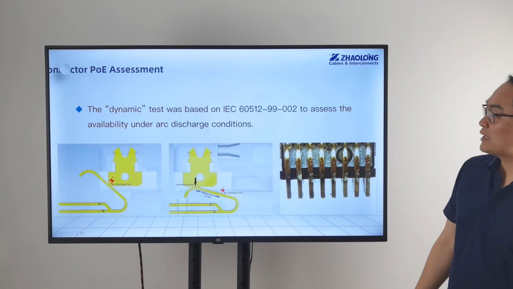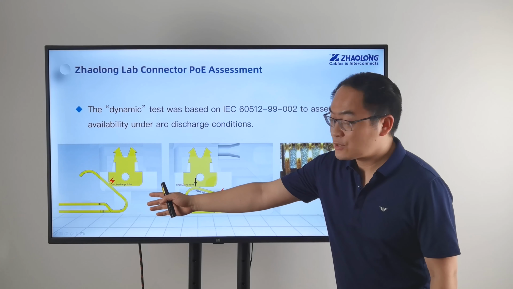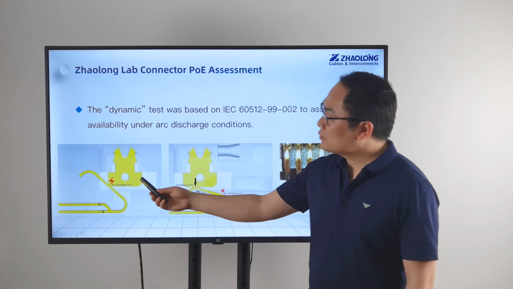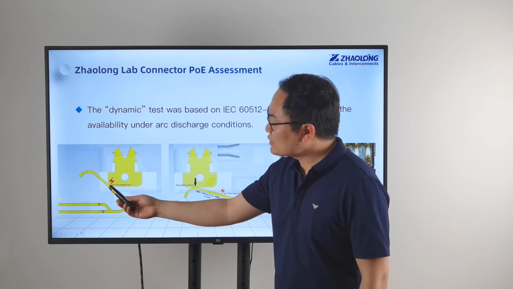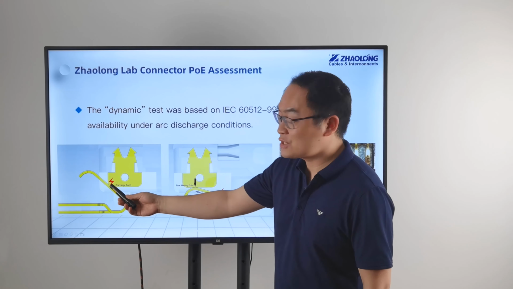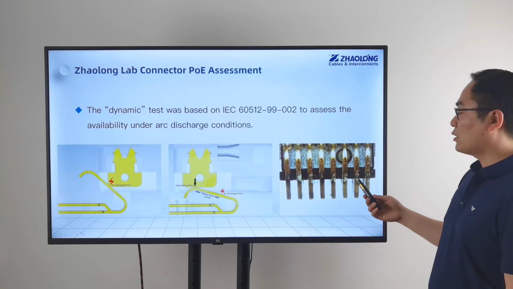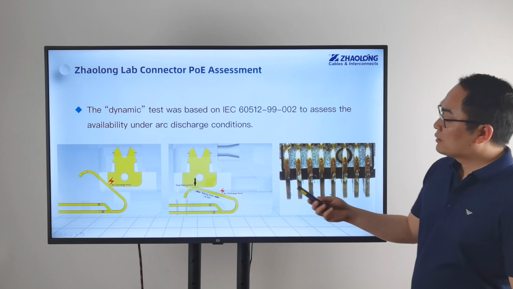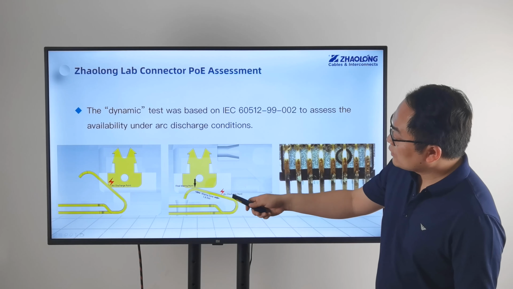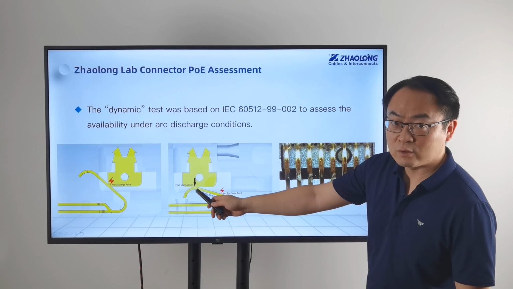Another thing for the connector is people tend to unplug the patch cord from the outlet when the POE is up. So when the plug is touching the jack or leaving the jack, the touching point will have an arc discharge. This arc discharge will damage your copper surface. Then an important design for the connector is you have to make sure your arc discharge point is different from your final meeting point.